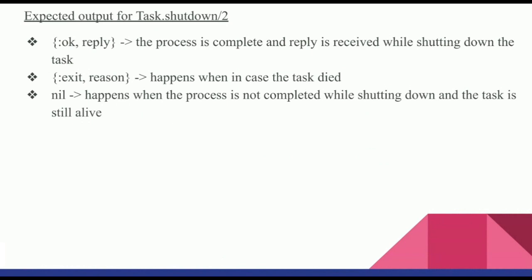This happens in case the task died. The task can die for many reasons, but demonstrating this was a bit hectic. I want to demonstrate it without restarting the caller process as well.